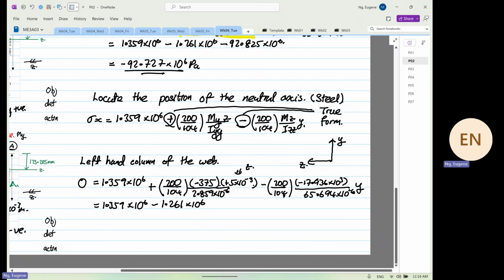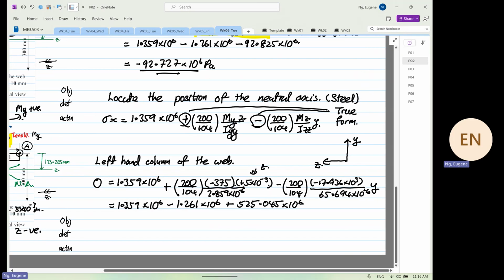And then the last one, negative will become positive. 200 times 17.936 to the power 3, divided by 104, divided by 65.694 to the power minus 6, is equal to 525.045 times 10 to the power 6. Okay, and this you have your Y. So when you calculate your Y, Y is equal to 1.359 minus 1.261.